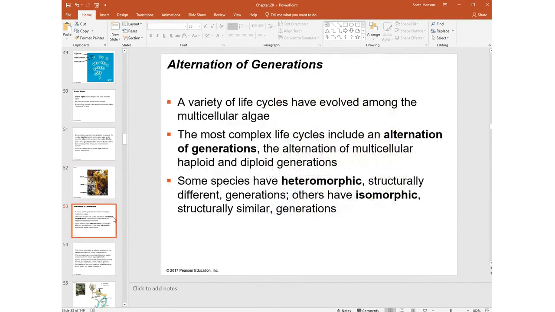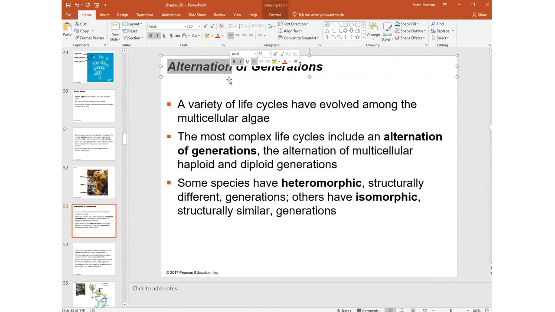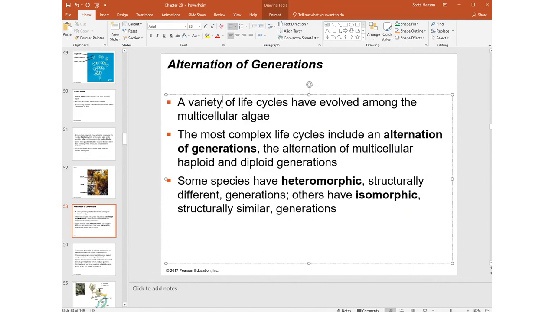But anyway, now we're going to look at a phenomenon in the brown algae and in other groups called alternation of generations, which means they basically alternate between two different forms. It's kind of an interesting life cycle.